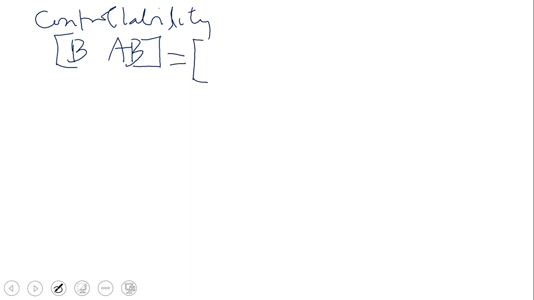So matrix B is 3, 1. We have to multiply A with B. If you multiply the matrices A and B, you will get AB as minus 6, minus 1.